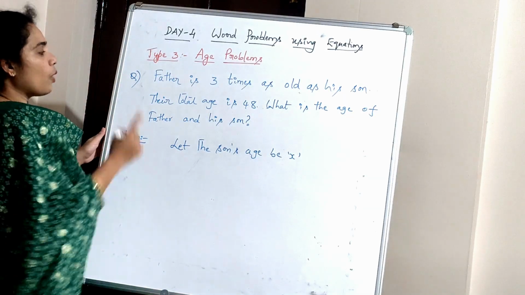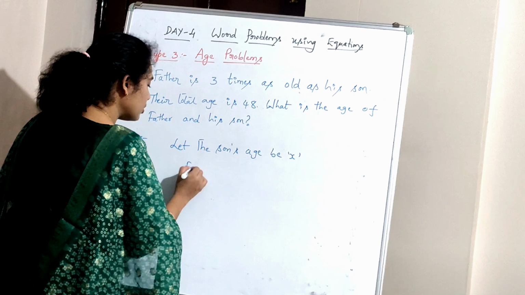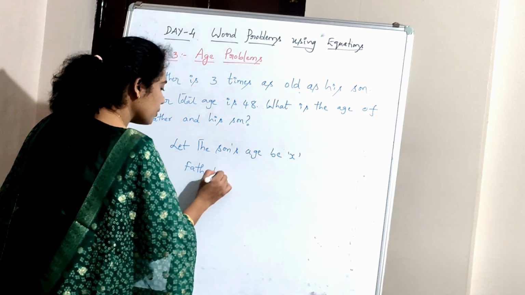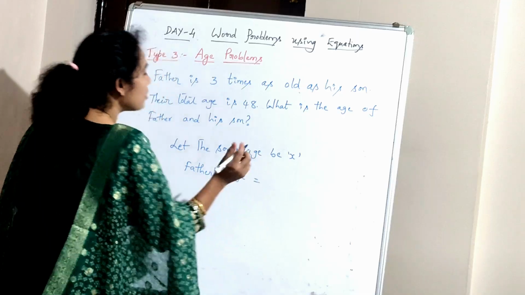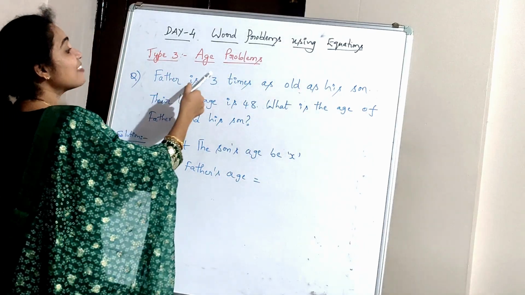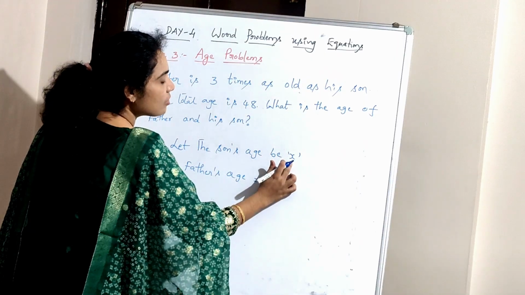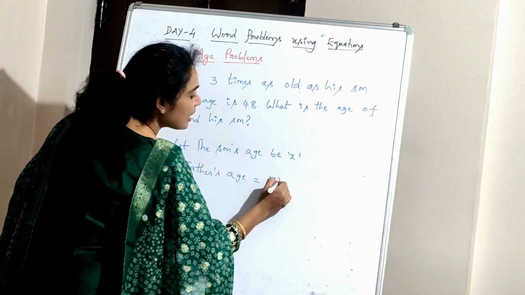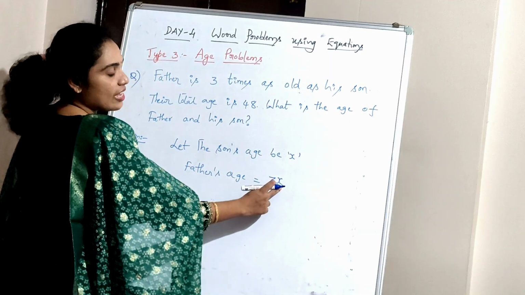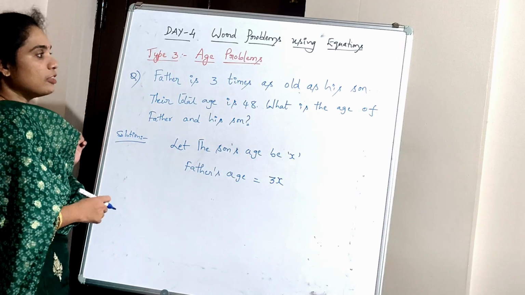Now as per the given data, what is the father's age? They have given that father is 3 times as old as his son. So son's age is x. So father's age will be 3 times his son's age, which is x. 3 into x is 3x.